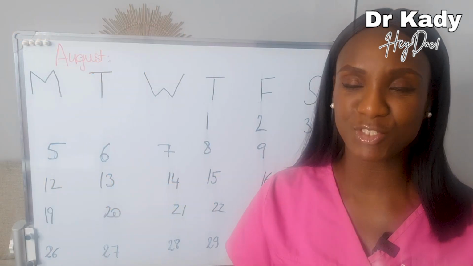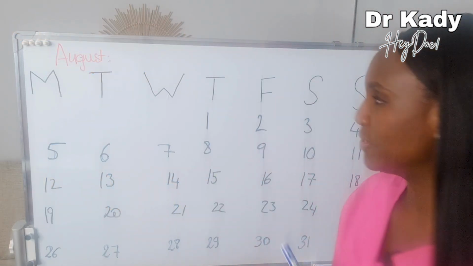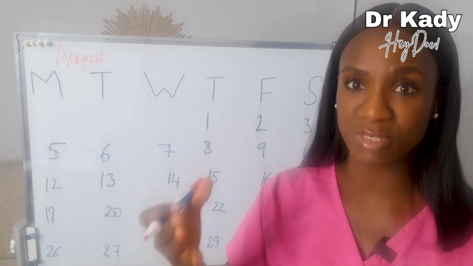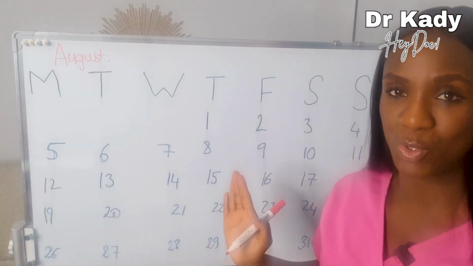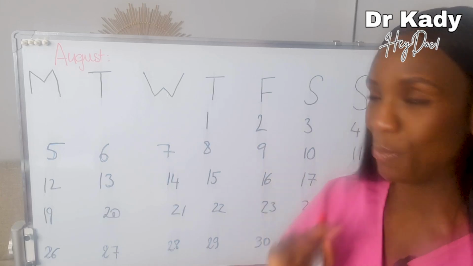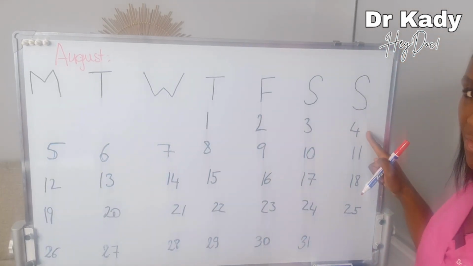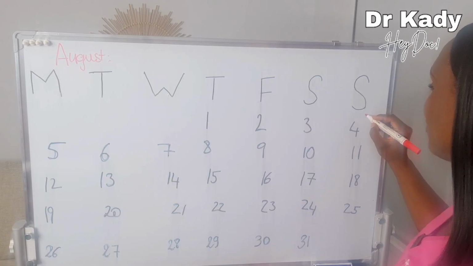So let me demonstrate using this example. Say, for example, you started the month of August and the first day you saw your period was on Sunday, the 4th of August. So this is going to be your day 1.